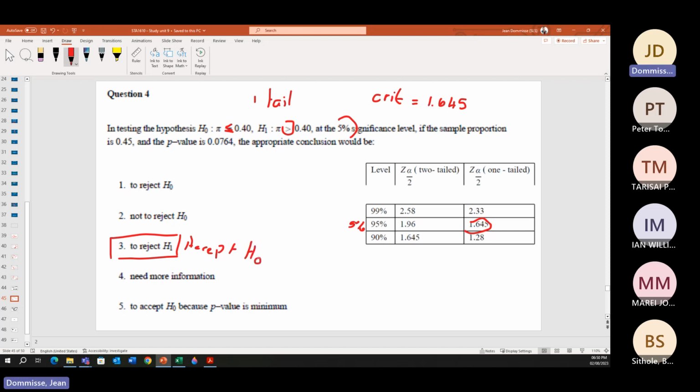So now you can see to reject H0 is to say the same as accept null hypothesis. Not to reject null, not to reject is also accept.